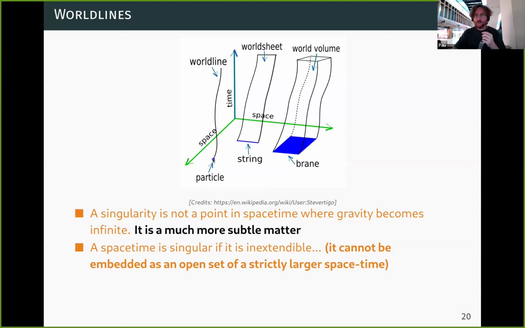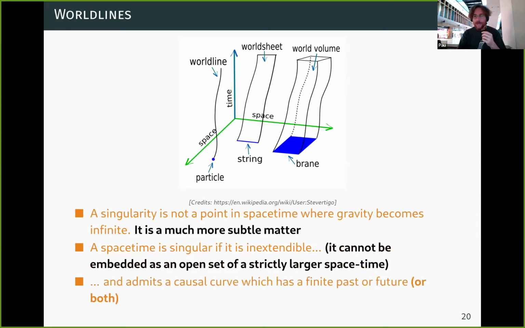And you are this particle, you are born here, and you will die here. Now, this space-time where you live is going to be singular if you cannot extend it. What does it mean? It means that it cannot be contained by another manifold which is larger.